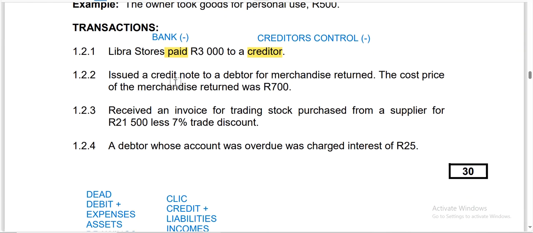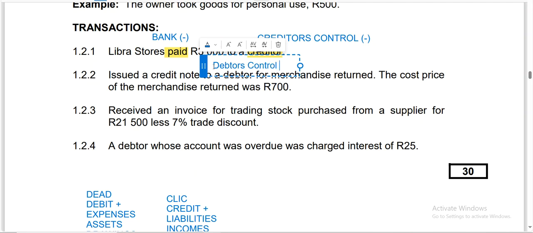Here they're saying issued a credit note to a debtor for merchandise returned. Okay, so now number one, when we identify the account, debtors control will be affected, right? We'd have debtors control.